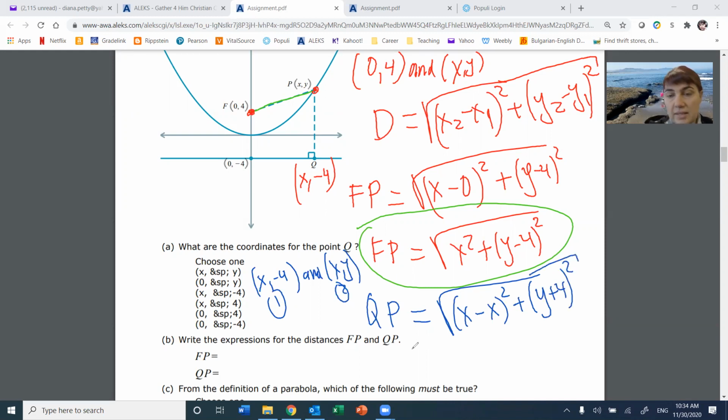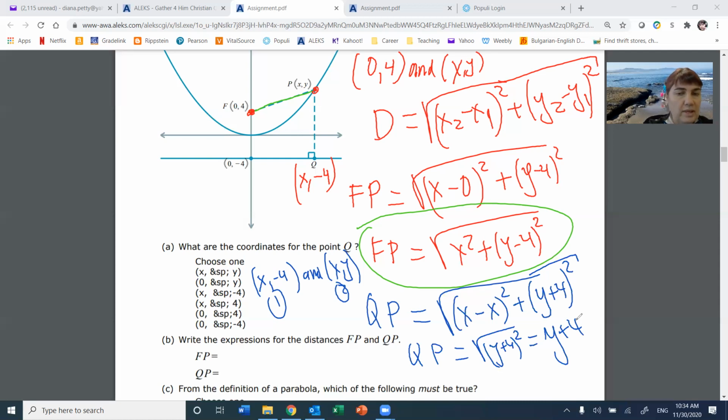Good, x minus x is 0, so QP equals the square root of y plus 4 squared, and as you know, the square root would fall out, so I'm just going to have y plus 4. It needs to be the absolute value in general, but in this case, it's on the positive side, so you can leave it like that.